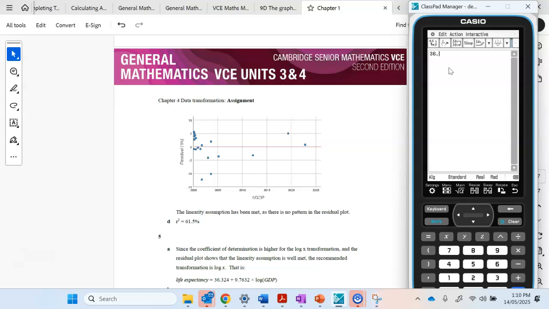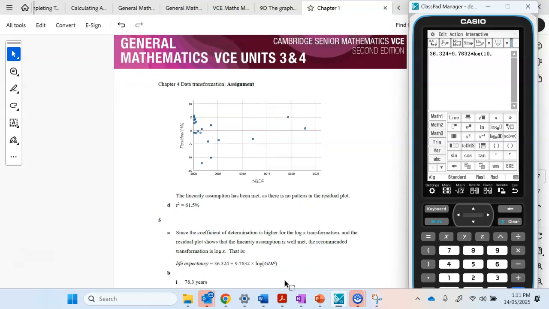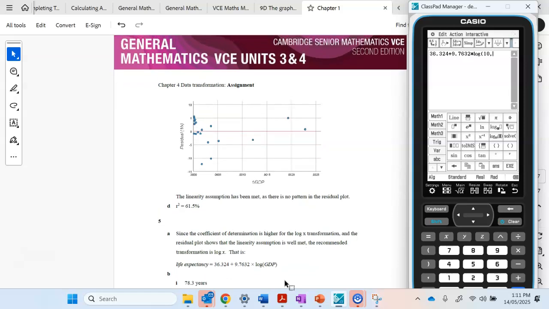I'm just using this model down here, 36.324 plus 9.7632 times, and then we're going to do log base 10. Don't worry about this log here, just the one underneath it, log base 10 of the GDP. So the first one we're going to substitute in is 20,000. So we should get 78.3.